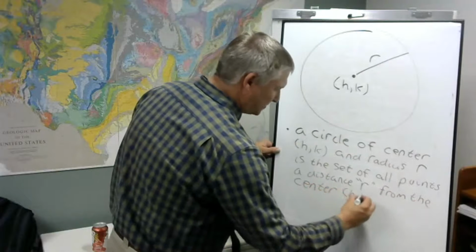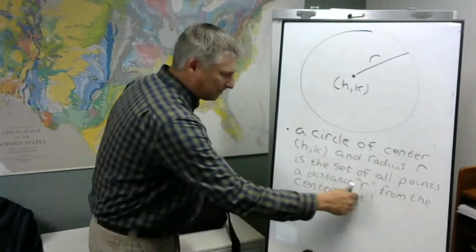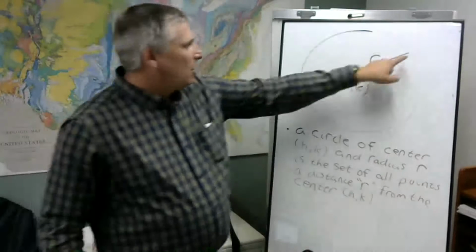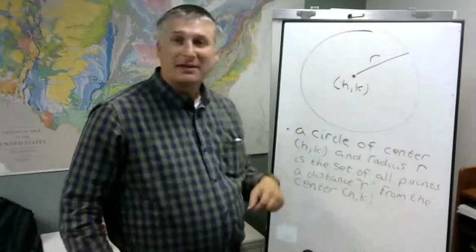And again, I'll just mention it, center HK. So that's all that it is. It's all the points that are a distance R from that center.